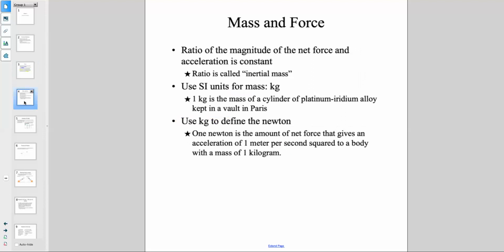Okay, mass and force. The ratio of the magnitude of the net force and acceleration is constant. In other words, if you have the net force acting on an object, which I will just call F net, and you divide that by the object's acceleration, this ratio is always constant, no matter where you are in the universe, and this is called mass, or inertial mass, okay?